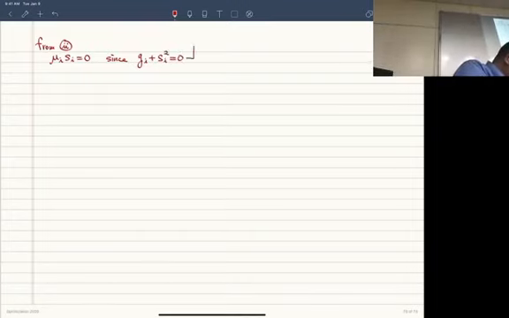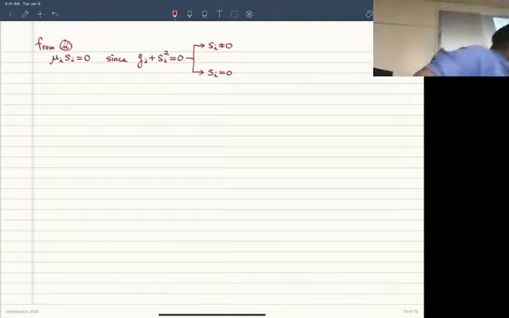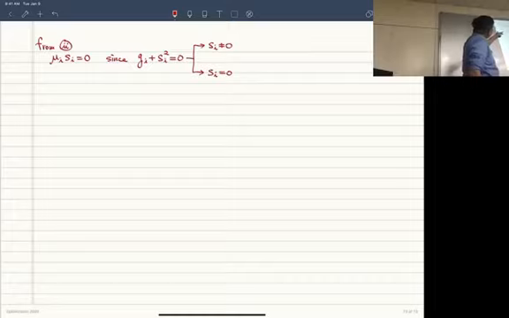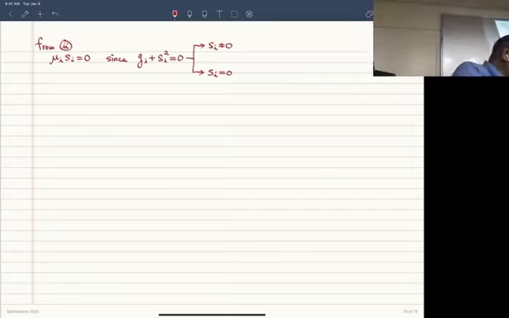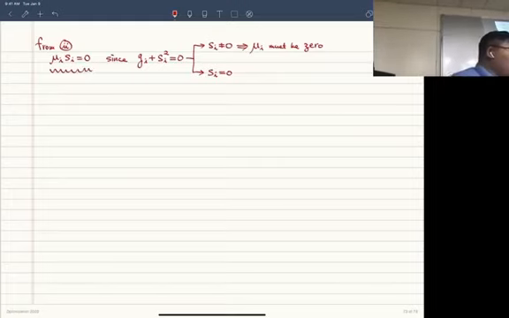So there could be two possible situations. One situation is that s i could be zero or s i may not be zero. So what happens if s i is not zero, then mu i must be zero, right? Because we have to satisfy this.